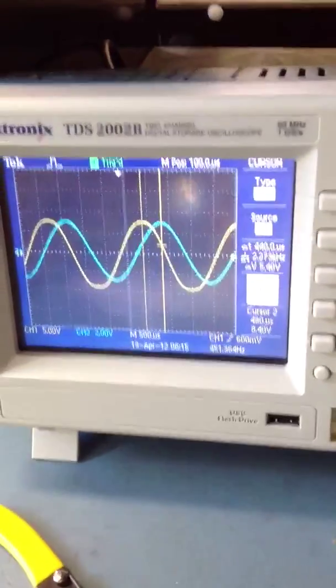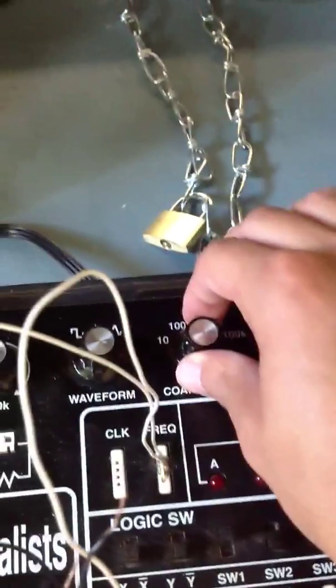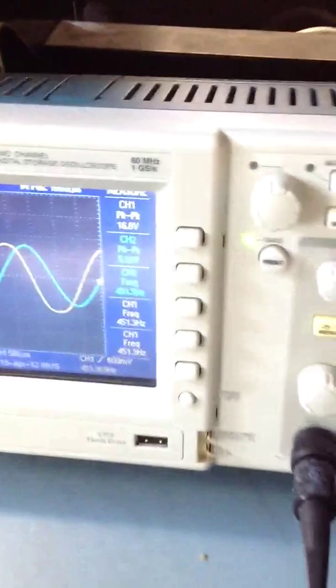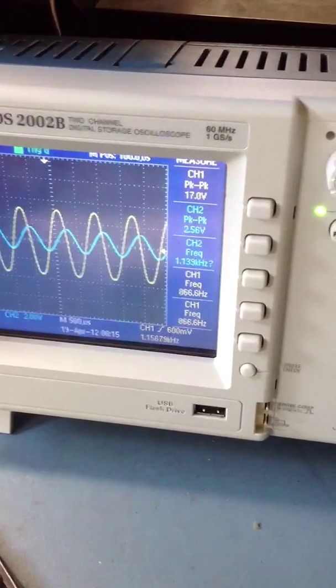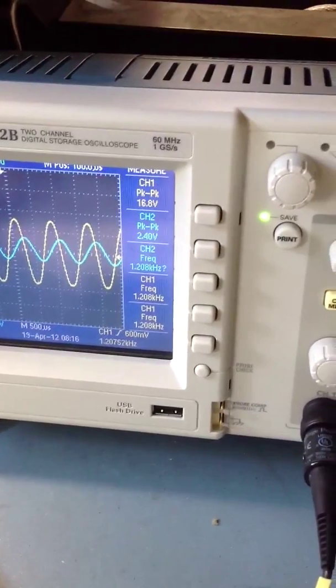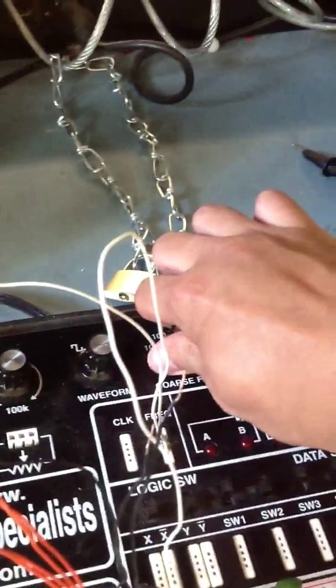1.5K. Alright, let's turn this up. Measure. Alright, 1.5K. Using this knob right here. Make one up. 1.5K. One more up on this one.